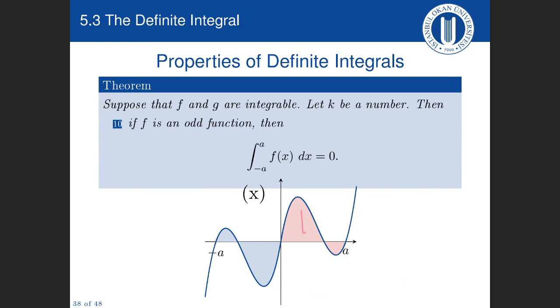Well, look, we have a positive area here, and we have a negative here. Positive plus negative is 0. I also have a positive bit over here and a negative bit just here. Positive plus negative is equal to 0. The integral of an odd function, if it's between minus a and a, is always equal to 0.